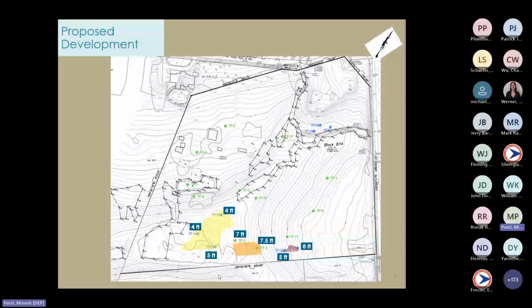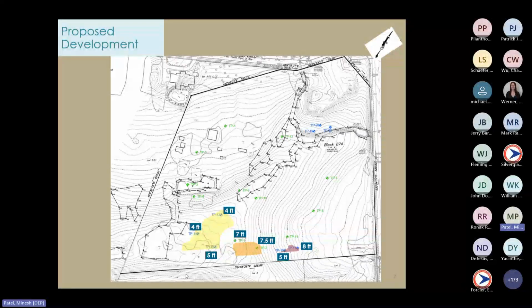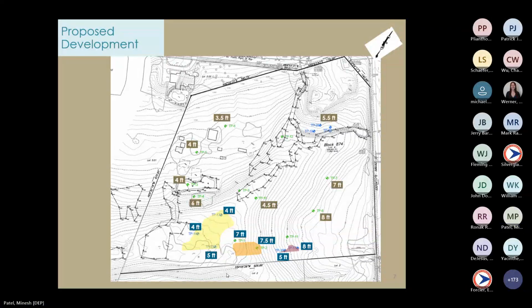I've also added the depth at which the logs show the soil permeability was determined, taking note that the groundwater was not encountered at any of these locations. The brown shaded rectangles denote results for other test pits. For test pits 3 and 5, groundwater was encountered at 5.5 feet below existing grade.